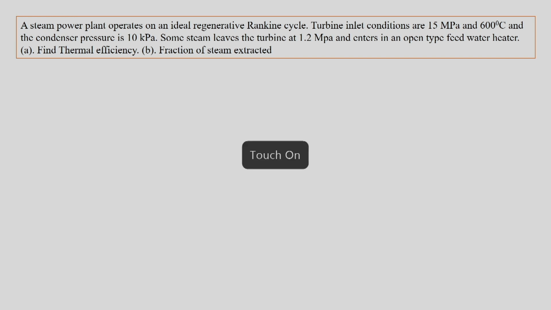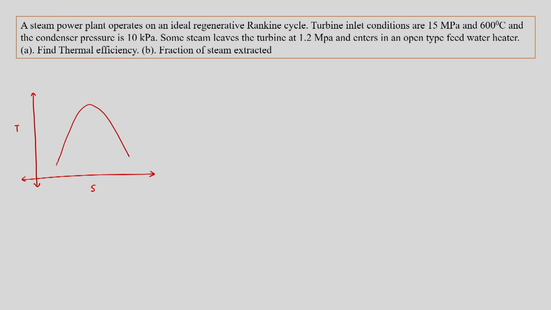So, we will start with the given things. In this, we will first draw the Rankine cycle. We have to remember that this is an open type of feed water heater, and in the open type of feed water heater there will be two pumps.